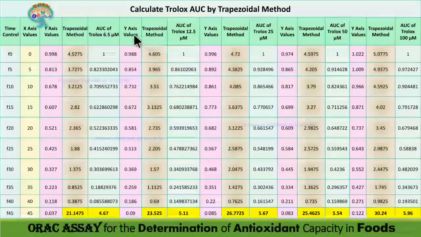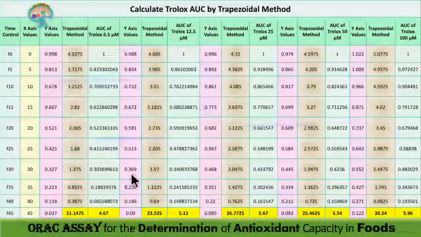So here in the pink you can see it is going to be 12.5, here it is going to be for 25, here for 50, here for 100. So these two are going to be default, and from here to here, these three and these three are going to be the separate concentration AUC calculations.